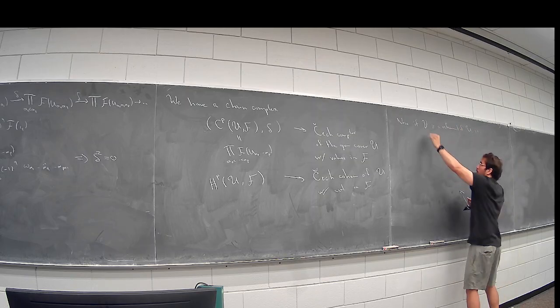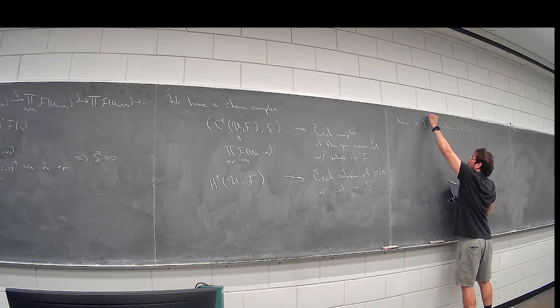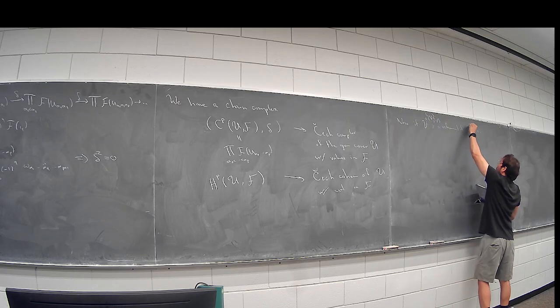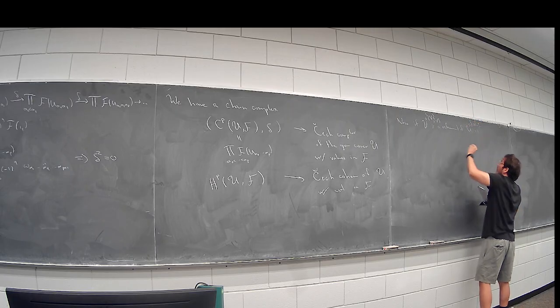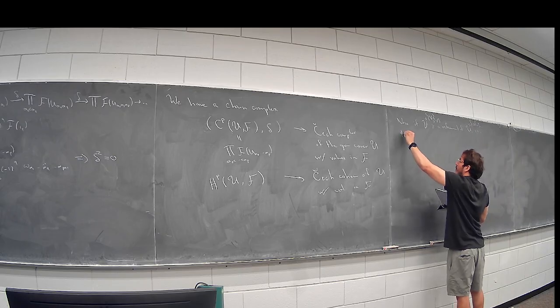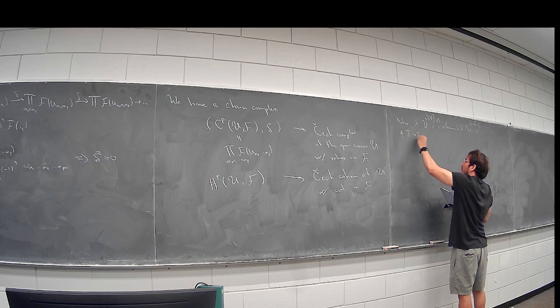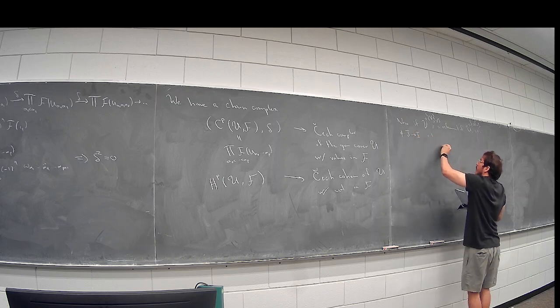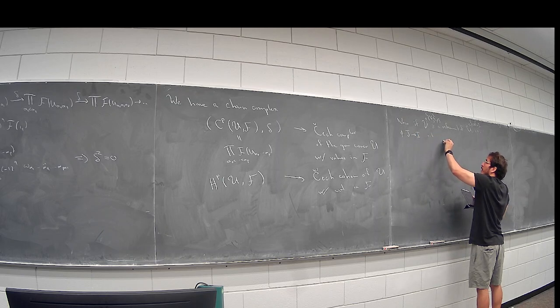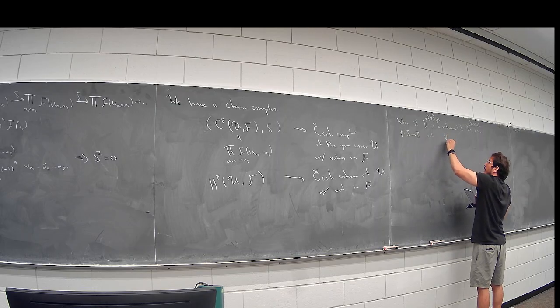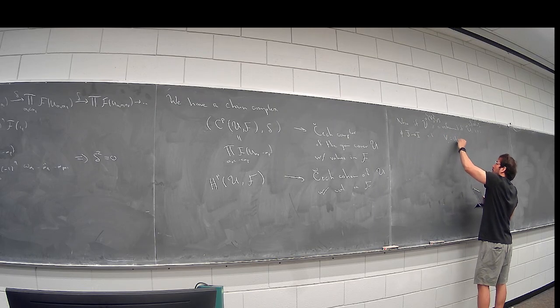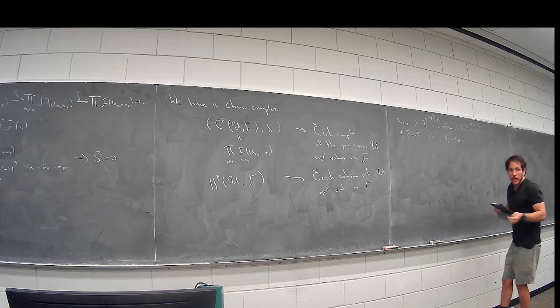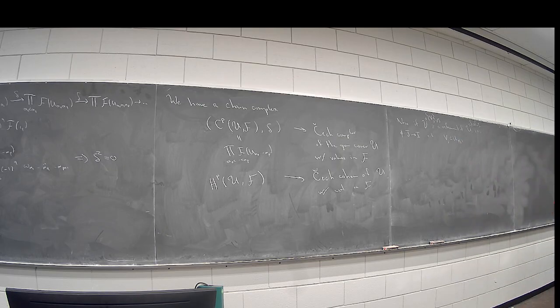Let's call V_j, with index j in J, and this U_i with index i in I. We have a set map from J into I, such that V_j is contained in U_phi(j). That's what it means to have a refinement.